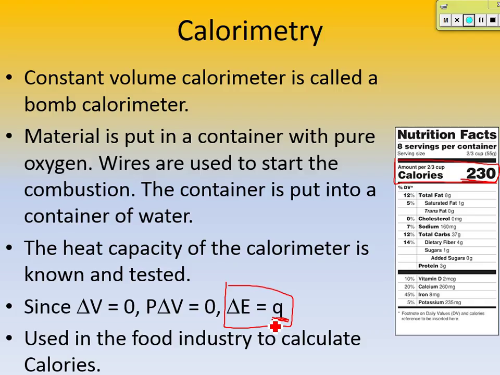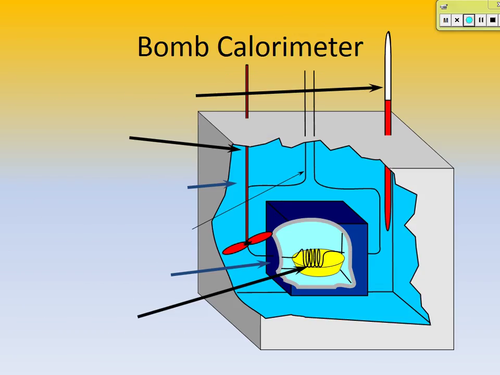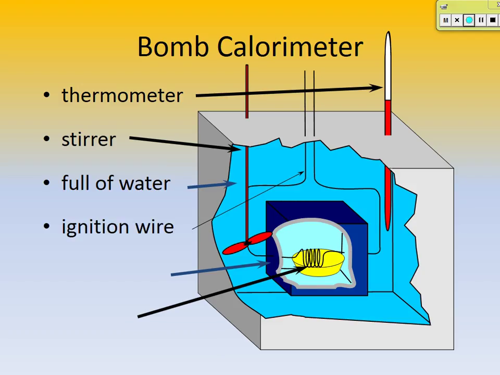Okay. So here's an example of a bomb calorimeter. You have a thermometer in this calorimeter. The thermometer tracks the temperature change, obviously. They have a stirrer. It's full of water, the ignition wires. So these wires get hot, and this environment is pure oxygen. And so it just burns. It burns, and it's going to release heat. The heat goes into the water.